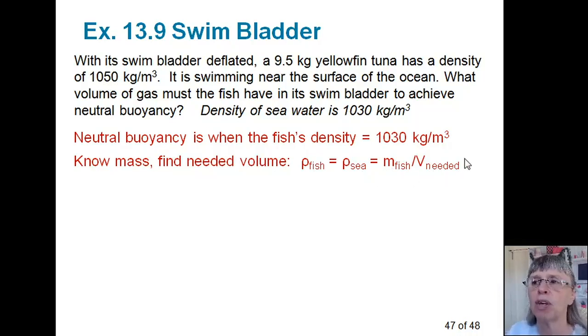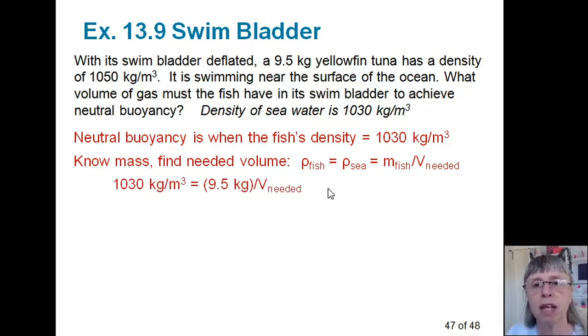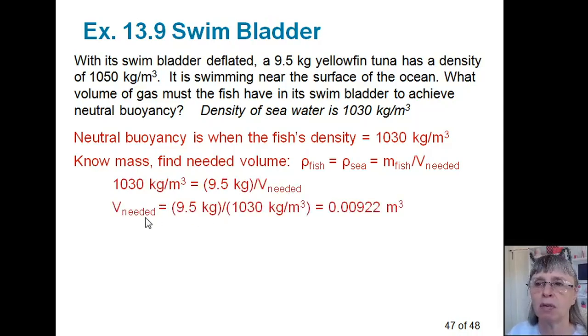So we'll substitute in the density of the seawater and the mass of the fish, and that can be used to find the volume that the fish needs his body to be. That volume is 0.0092. We take his mass, divide by the density, and we get that volume. That's how big the fish has to make his body in order to be neutrally buoyant.